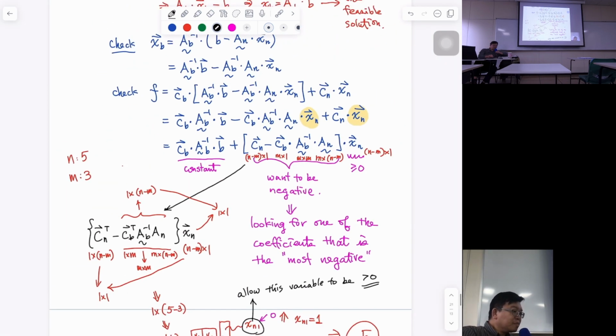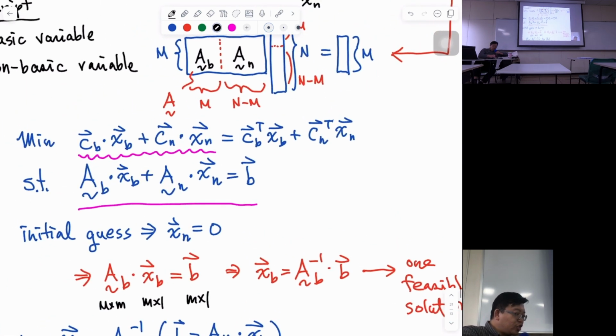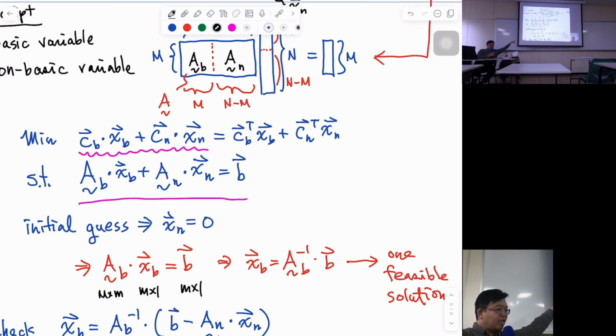Because earlier, when I said I wish my non-basic variables are 0, I can use this equation to solve for the basic ones, right? And that's one feasible solution. Now, if I change one of the xn from 0 to a different value, then that changes everything. All the other x will be changing.